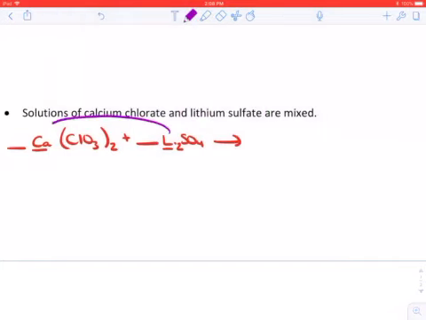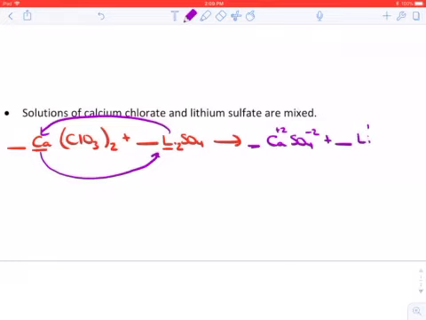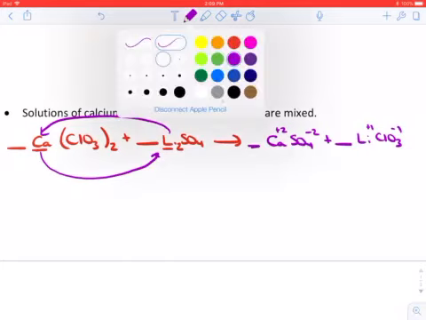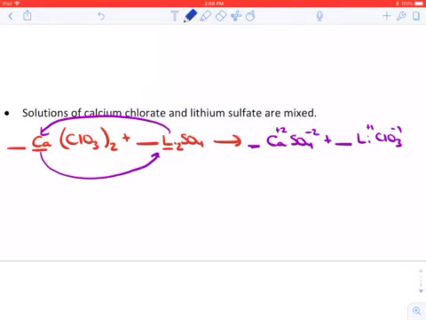Our next step says to have our positives switch places. So Li and Ca are going to switch places. Ca is now going to be hanging with SO4. And Li is going to be hanging with ClO3. Our third step says to crisscross and reduce.